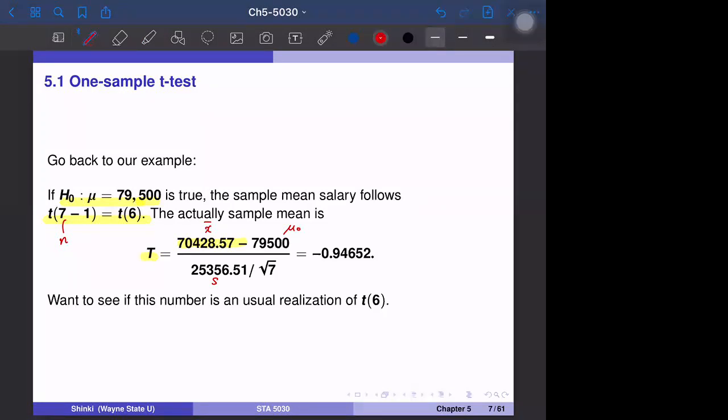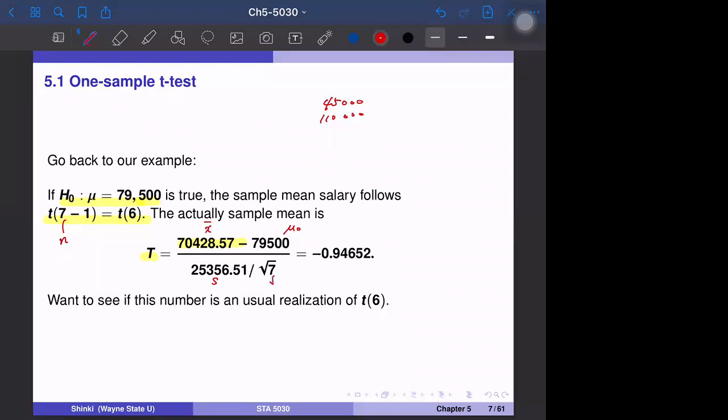We have seen that all observations are from 55,000 to 110,000, so typically we have a deviation of 25,000. So 70,000 is the center, but the typical deviation is around 25,000. If the deviation is maybe 10,000, 20,000, 30,000, 40,000, probably that's pretty usual.